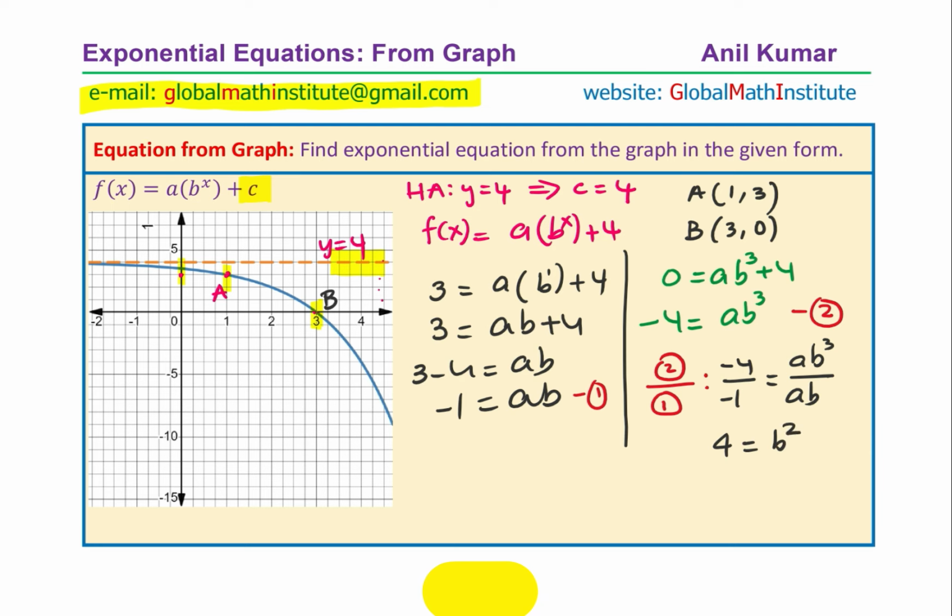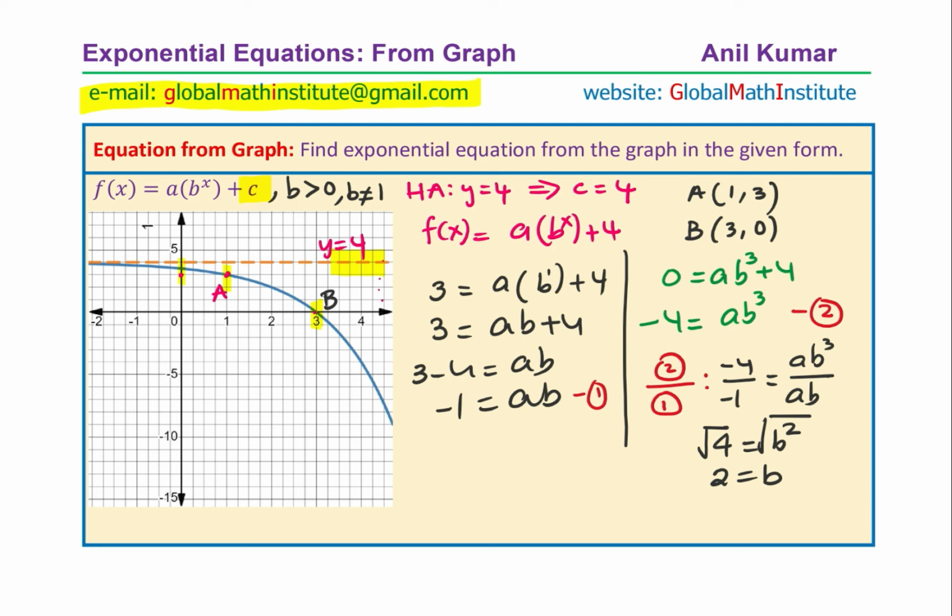And remember, b has to be greater than 0, right? So the restrictions are b should be greater than 0 and also b is not equal to 1, correct? So because b is positive, when you do the square root here, in that case, we get 2 as the value of b, correct? So b is 2 for us.